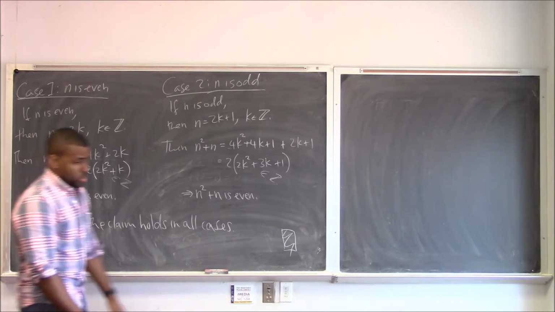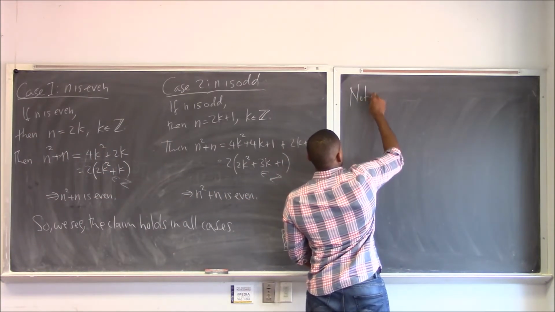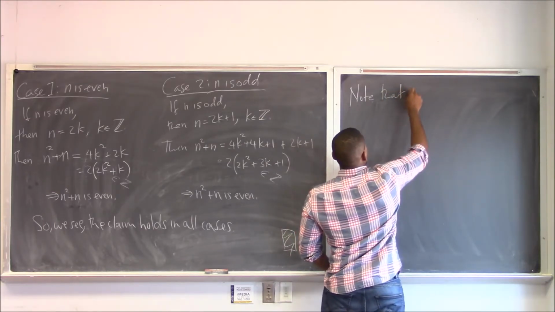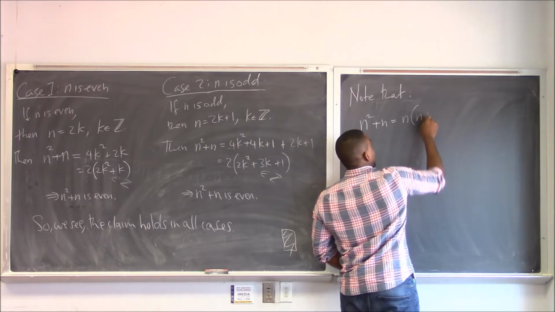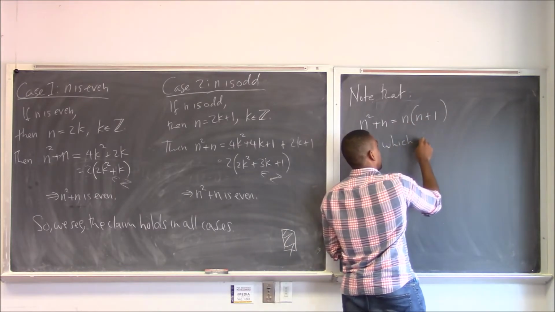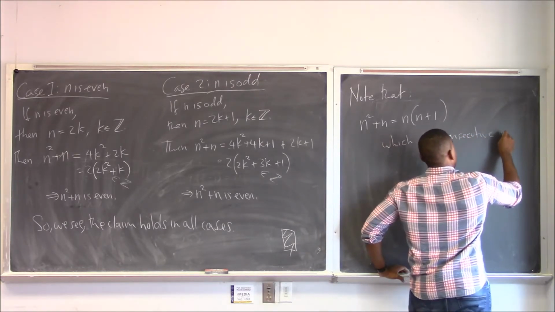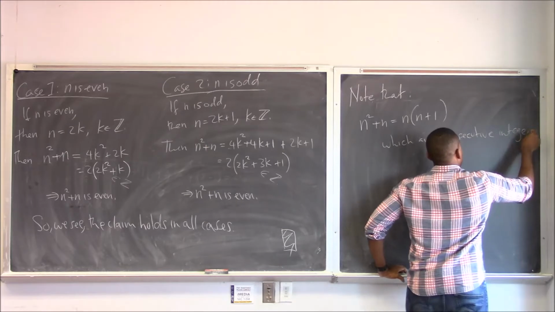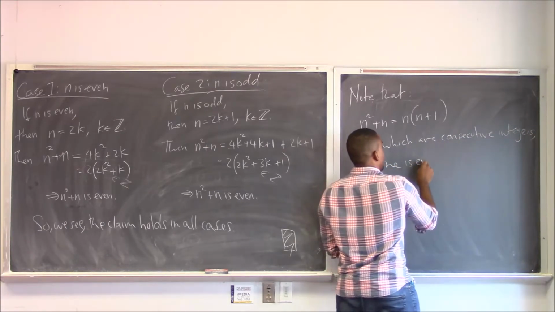So there's actually another way you could prove something like this. Note that if you take n squared plus n, you can literally factor that. And these guys are consecutive. So 1 is even.